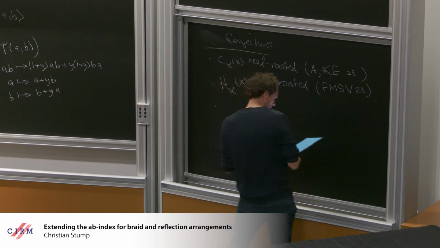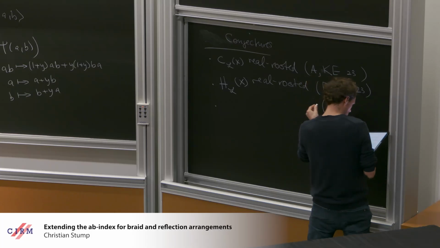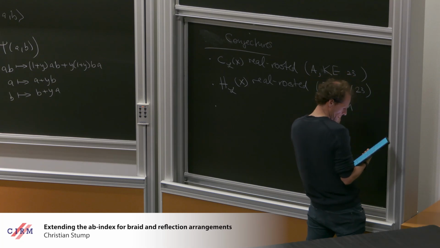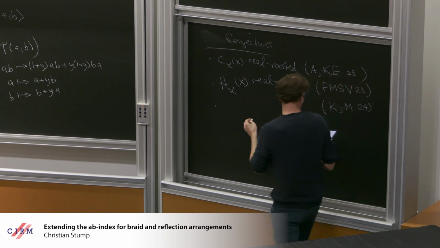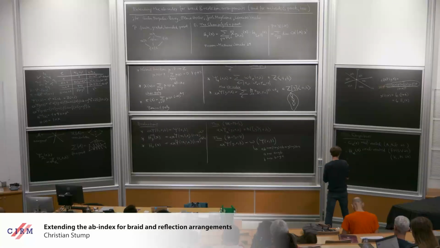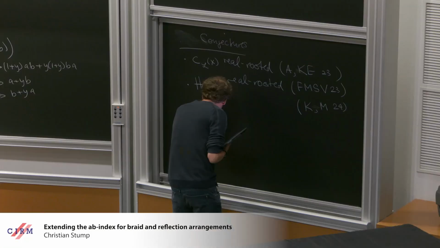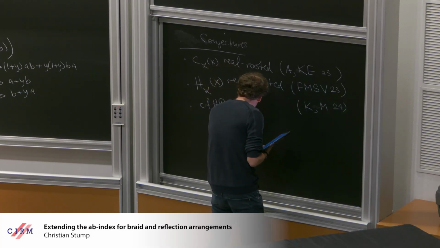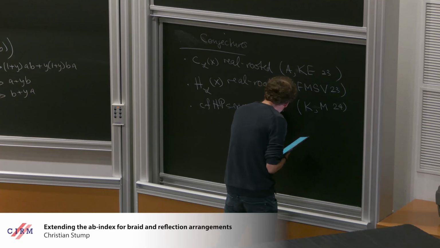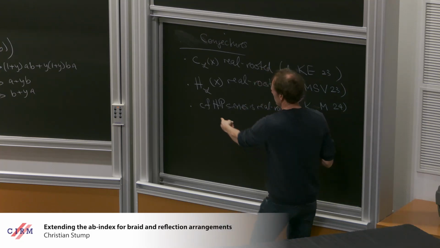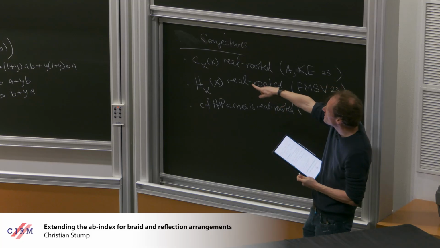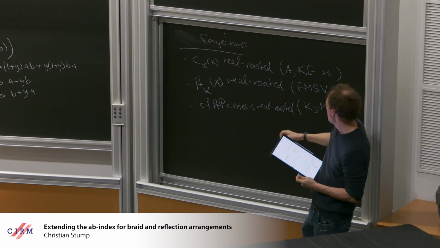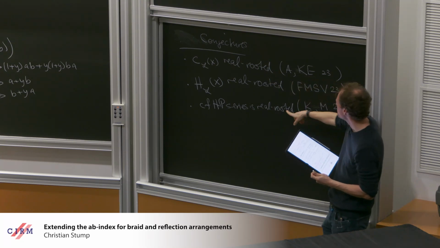And also Lukas Kühne, who is here or was here, and Josh Maglione, they conjectured that also the so-called coarse flag Hilbert-Poincaré series is real-rooted. This coarse flag Hilbert-Poincaré series is between extended AB index and Chow, and I'm going to define it in a minute. But they also conjecture this to be real-rooted.